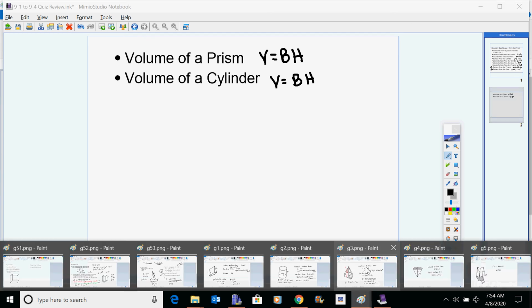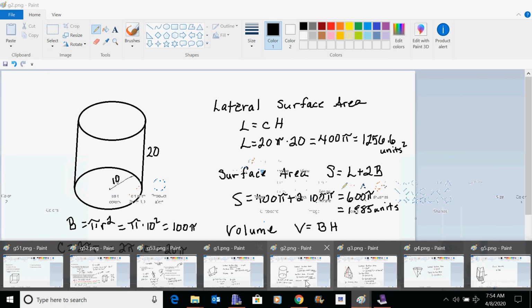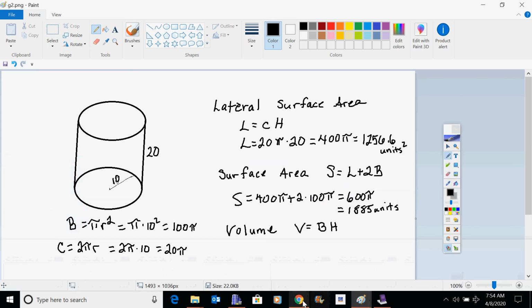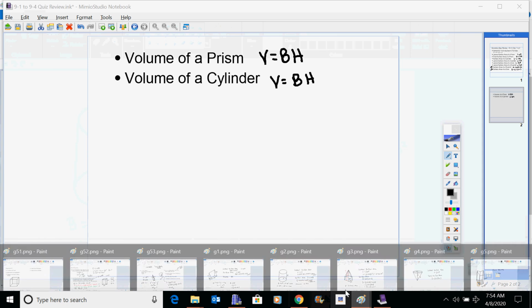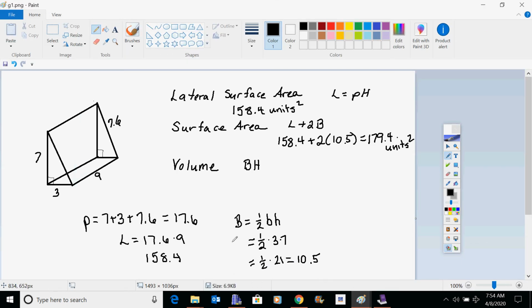So let's take a look real quick. We'll backtrack to here where I had a volume question, or back to this one. We had volume. Okay, so volume for a prism is base times height. So you need the area of the base, which we already found, and the height, which is the height of the prism.